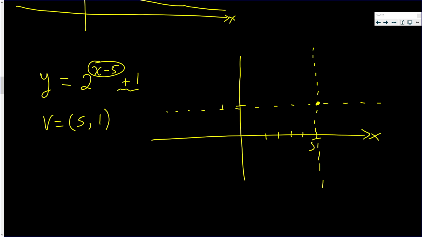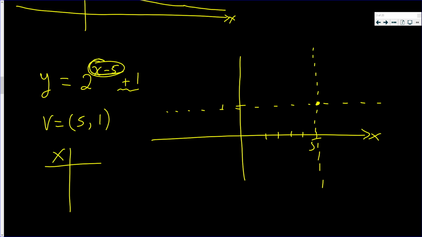Okay, and like always, we're going to draw something that goes like that, or something that goes like that. Now, like always, we want the exponent to be 0. We want the exponent to be 1.